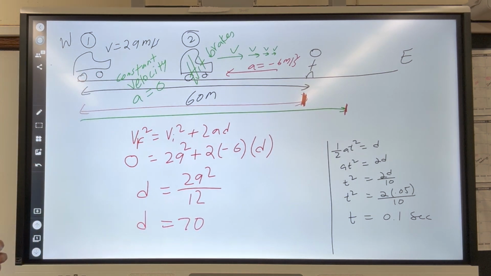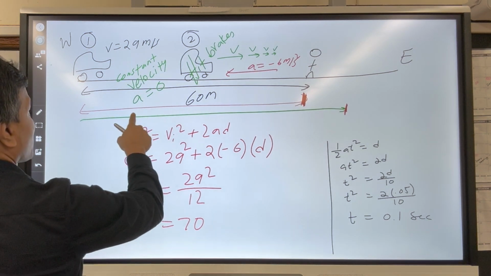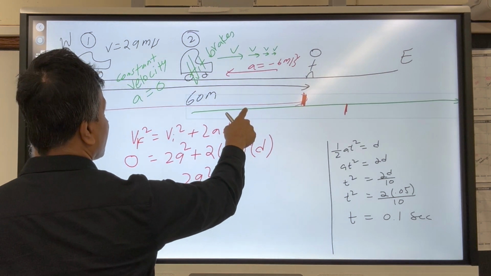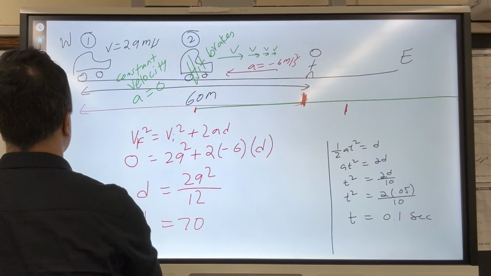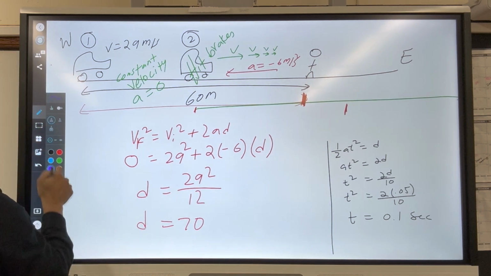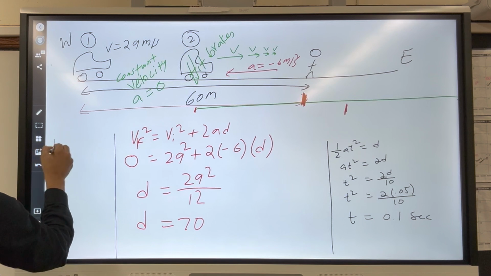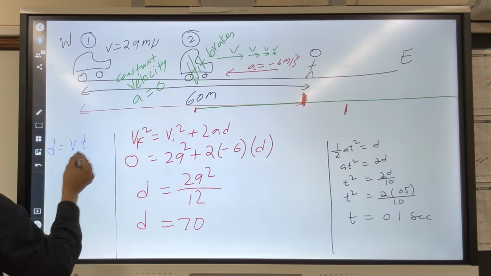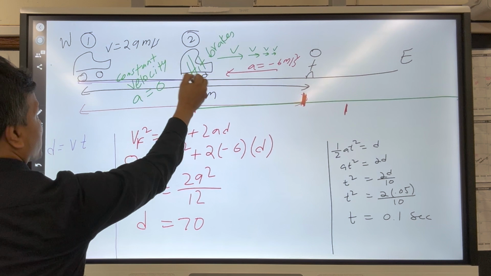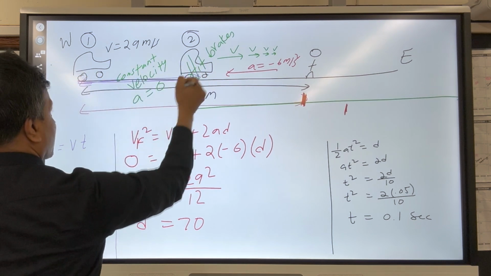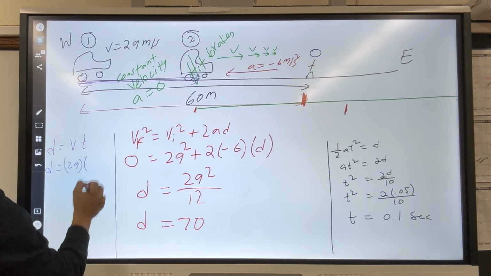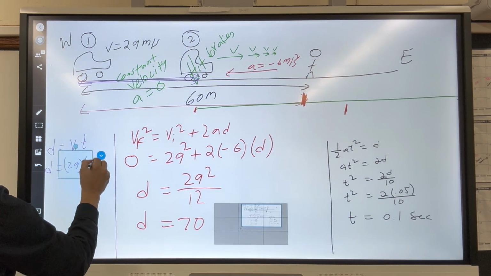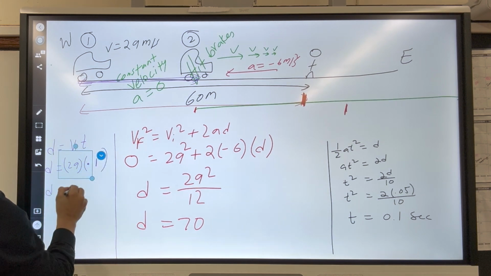So you hit the brake over here. From here to here, I forgot to do that one. D is VT, so how far do you move before you hit the brake? V is of course 29 and T is 0.1, so that is 3 meters.